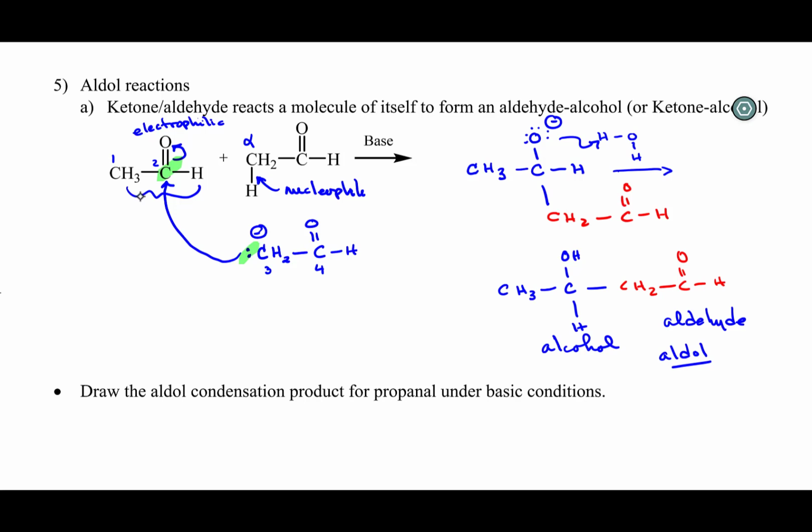In the process of doing this, I doubled the number of carbons. So I went from 2 carbons in each to having 4 carbons in the product. And then one of the carbonyls, the nucleophile side, this carbonyl is unchanged, where the other one becomes an alcohol. So we call this an aldol reaction.